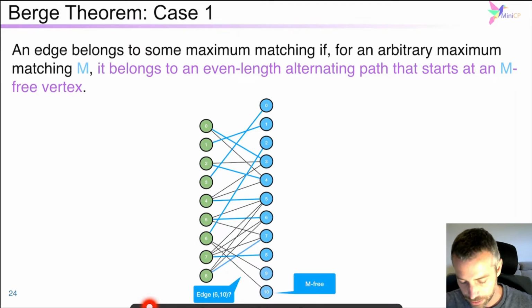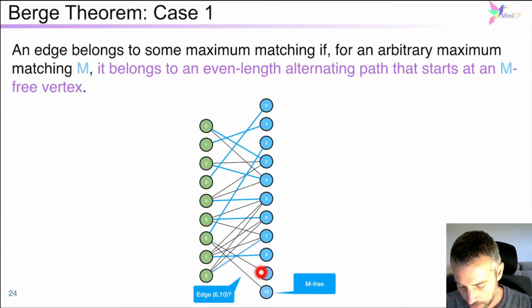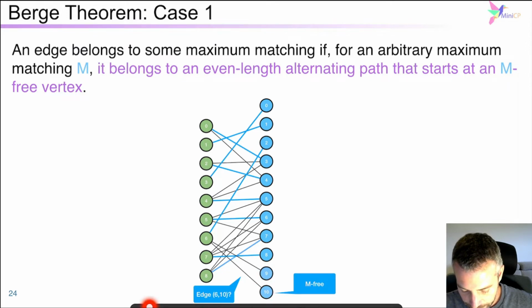We know that the constraint is consistent, so the two free nodes, M-free nodes, are necessarily on the value side there. So I try to discover if there is an alternating path that is of even length, 1, 2, so it will also end up in the value side, that is alternating.